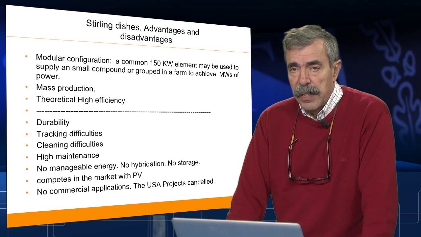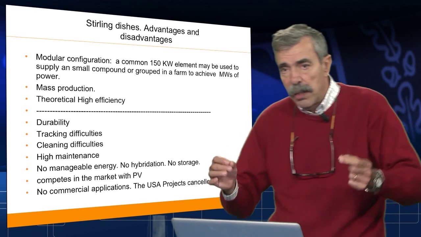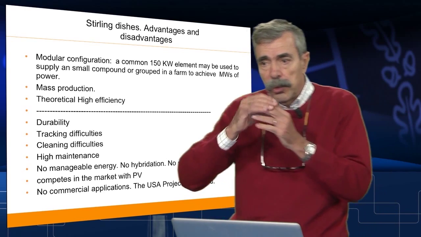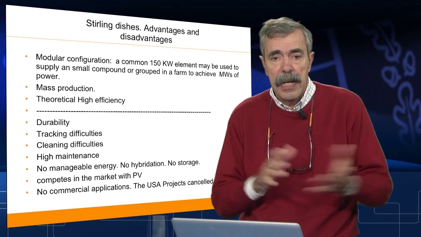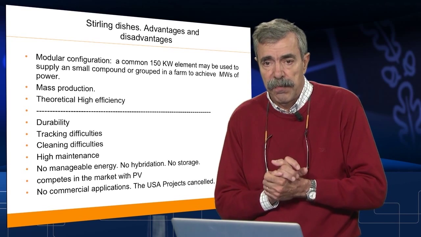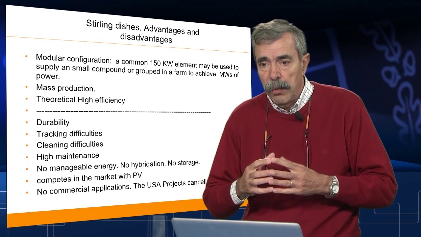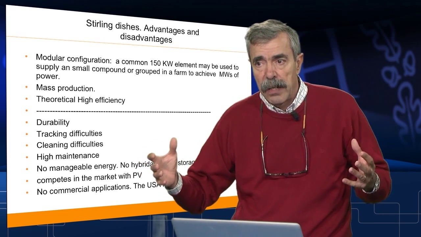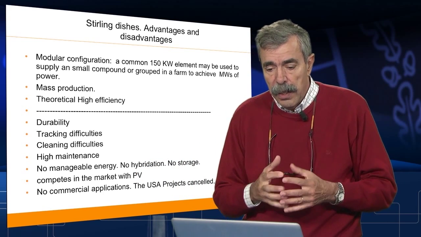The first one is that it is a modular configuration. You can buy a single one to be installed on top of a building or something like that, providing like 150 kilowatts of electricity, or you might install 2,000 of them in a solar field to produce megawatts of electricity.